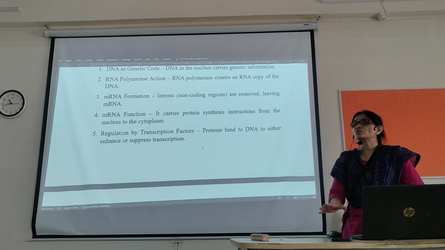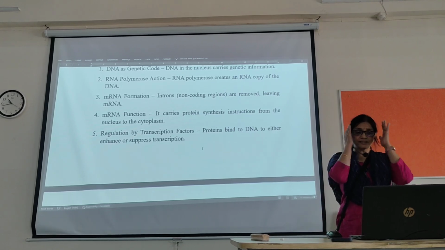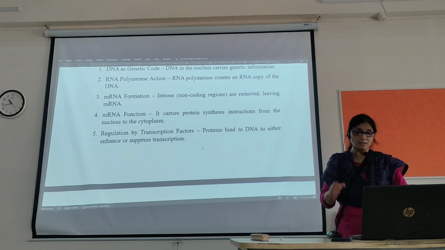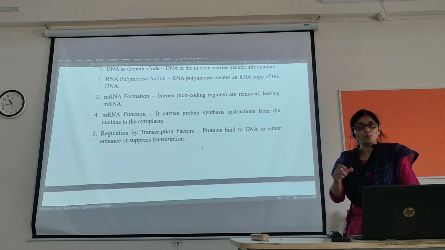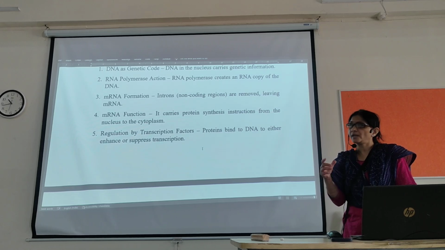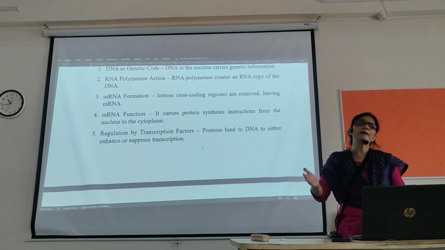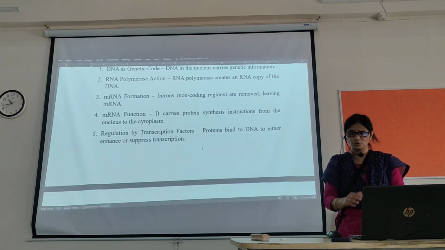Okay, transcription करणारे factors ती process control करतात. Those are proteins that bind to DNA. Okay, protein हा DNA ला bind होतो to either enhance or suppress this transcription. Enhance म्हणजे पुढे extend करतो, or suppress करतो म्हणजे prevent करतो.